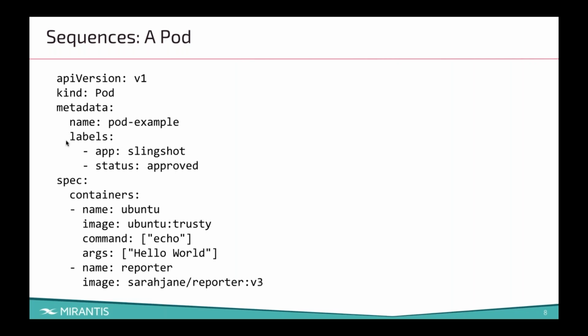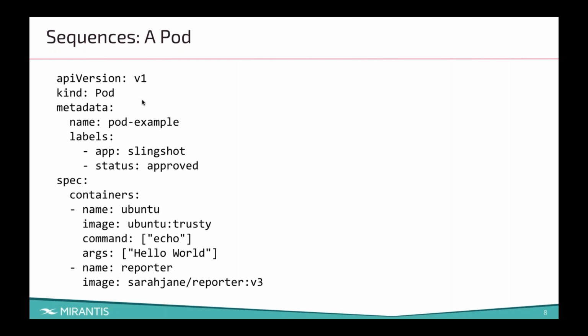This is like Python or any of your other indentation managed languages. So we know that name and labels are one level underneath metadata. Same here, containers is one level underneath spec. All right, so those indentations are really, really important. And if you mess them up, it's not going to compile, or you're not going to get what you think you're going to get.